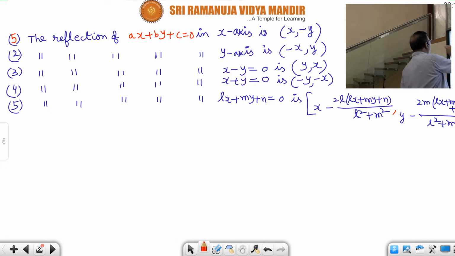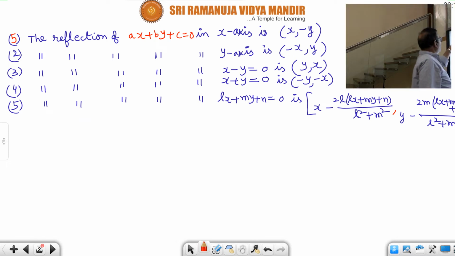Now, what is the fifth formula? Please read. The reflection of ax plus by plus c is equal to 0. That is why I have kept more gap there. You remember, for writing the point x comma y, small space is enough. But I have taken large gap so that I can remove it and write the equation of the line ax plus by plus c is equal to 0.